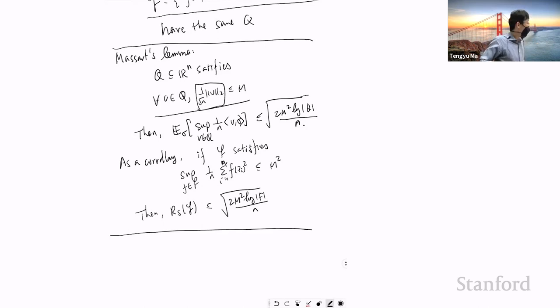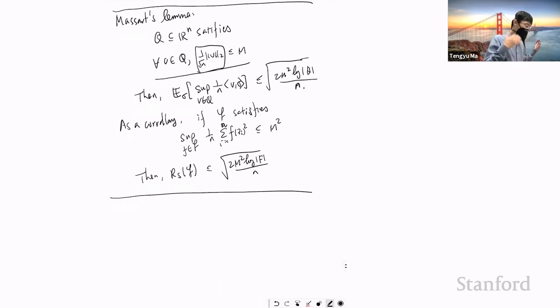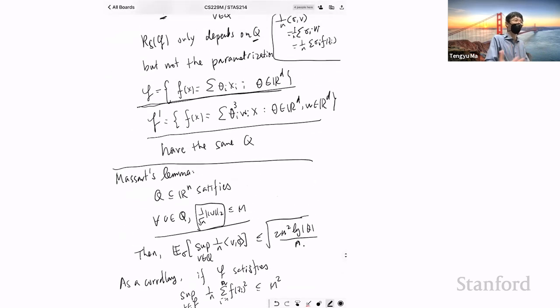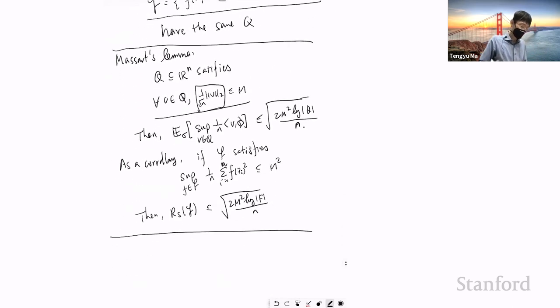Okay, so let me briefly give a quick overview of what we're going to do next, so that you appreciate why I'm setting up the things here. The next thing is, what if Q is not finite? What do we do?